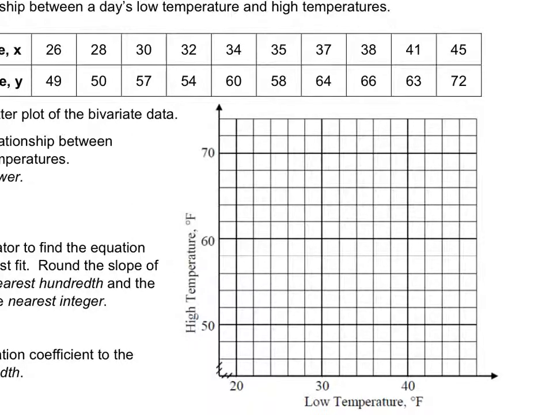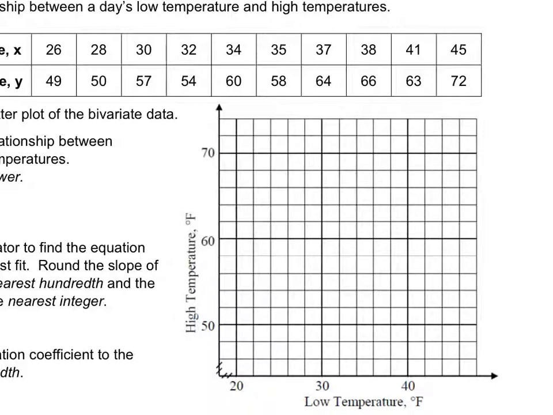Fortunately, most of the X values, or at least maybe half, yeah, I'd say most is reasonable, are even numbers, so they're going to plot nicely. The odd numbers will just be half boxes, so that's not bad. So 26, 49, I'll have to estimate the Y value.